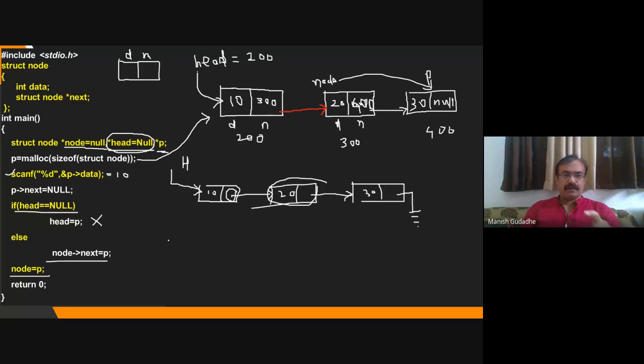So after this lecture, I want you to write a program, modify this program to insert 5 elements in the list. So you just need to apply a for loop and try to insert all of them and try to display the linked list.